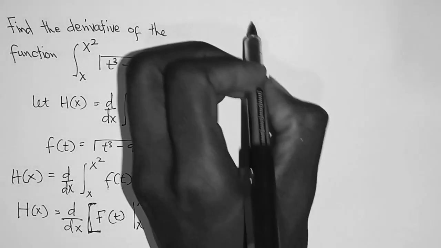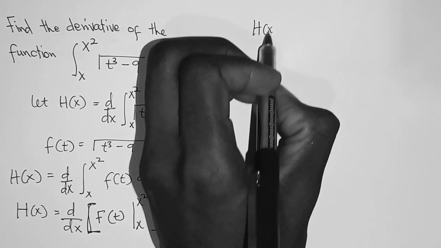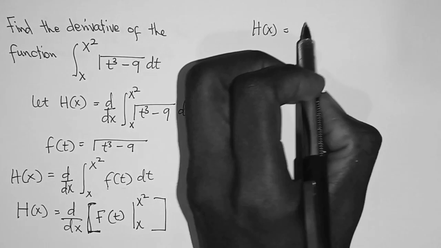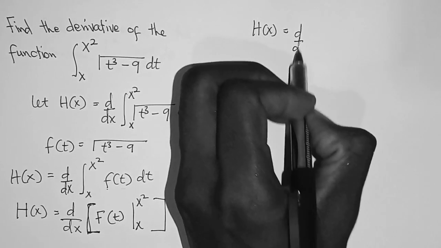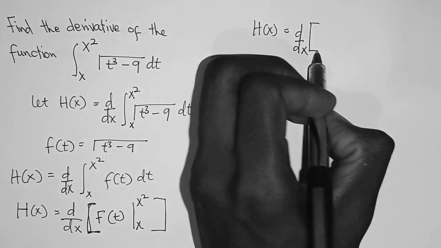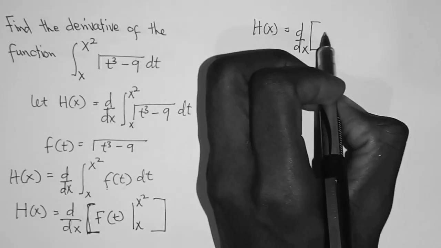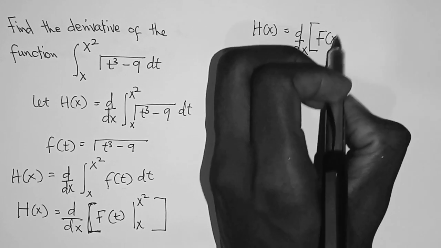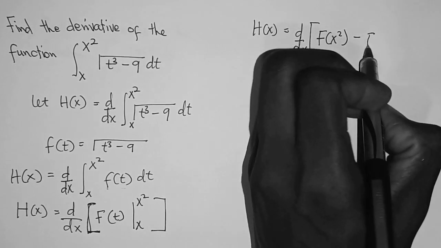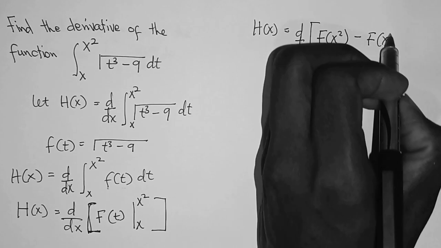Now, h of x is equal to d dx of, now you put x squared inside, which is F of x squared minus F of x.